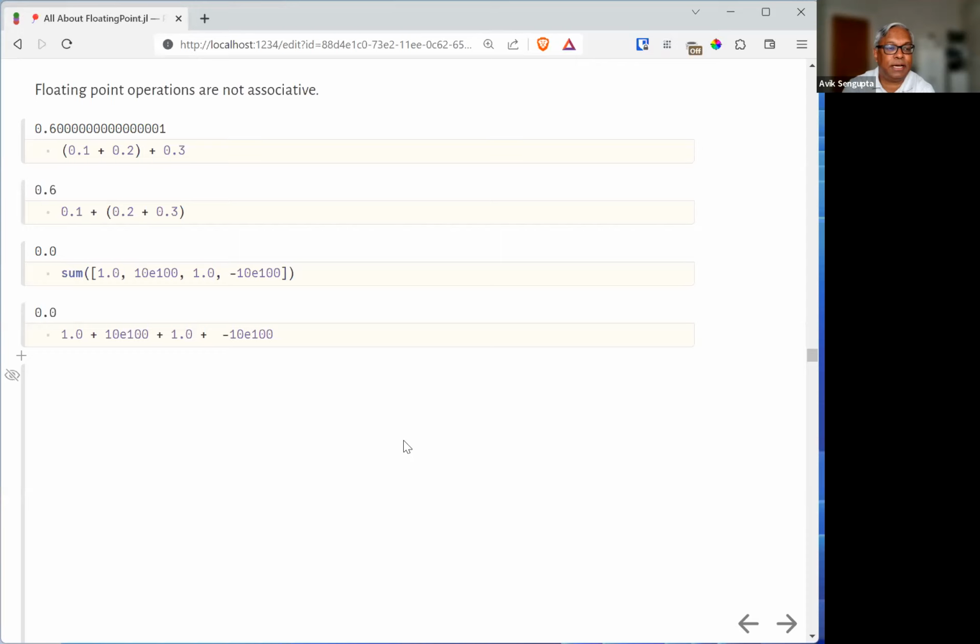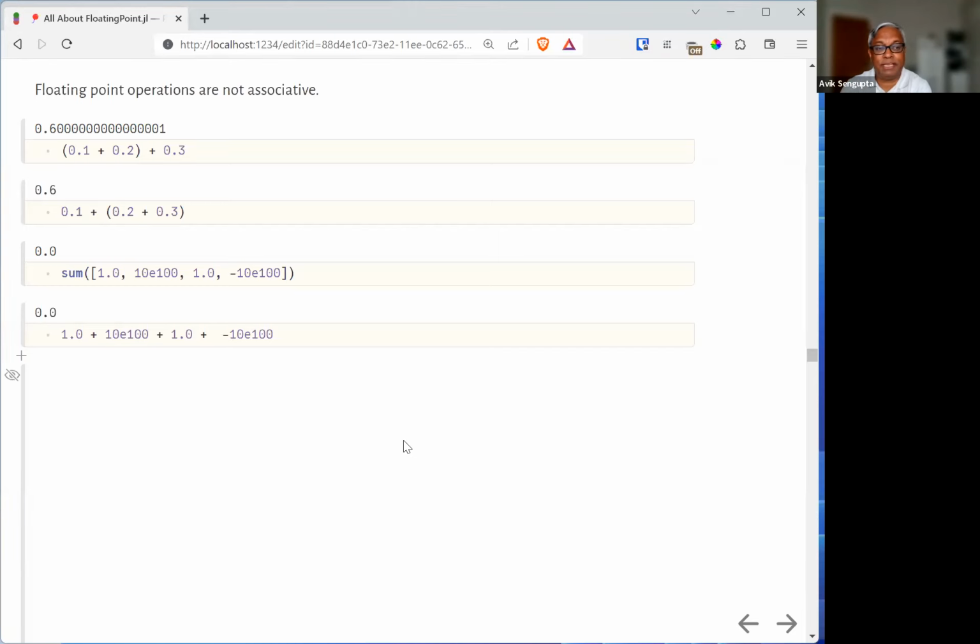But if I do it the other way around, I get 0.6 exact, right? Because of the imprecision of addition, the addition operations are not associative, right?